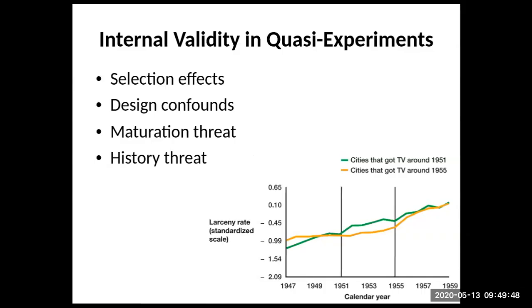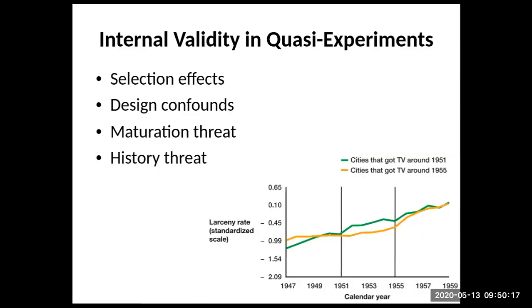Maturation threat. Could there be something between 1951 and 1955 that caused people to steal more or steal less? Maybe the ages of a lot of people. I don't know. So I wouldn't say a maturation threat is probably a likely candidate, but here's one that really probably would be. We're looking at historical data, so we should look at history threats. Were there racial issues?